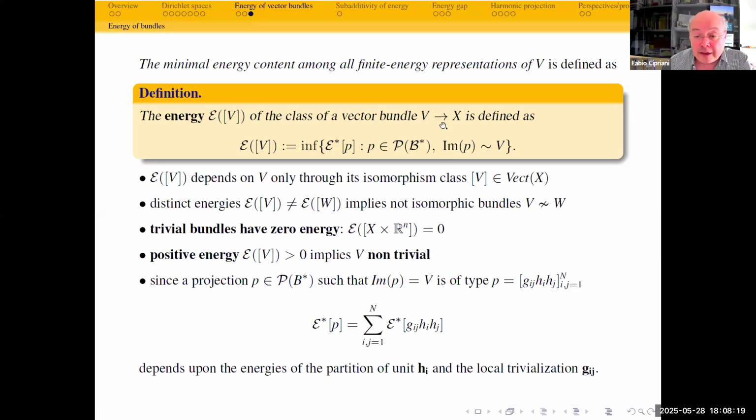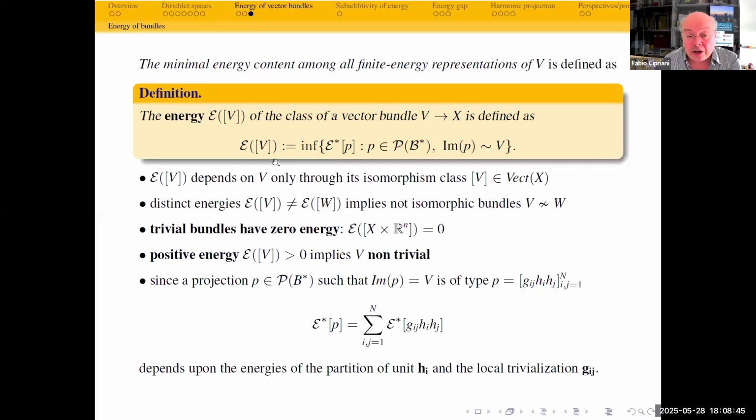The energy of a vector bundle is the infimum of the energy of all possible projections P which represent the bundle. That means all possible projections P such that, point by point, the image of the projection is isomorphic to the fiber of the vector bundle V.